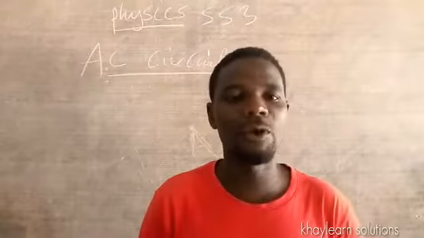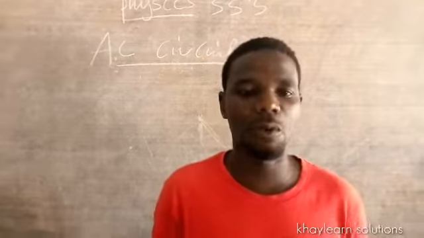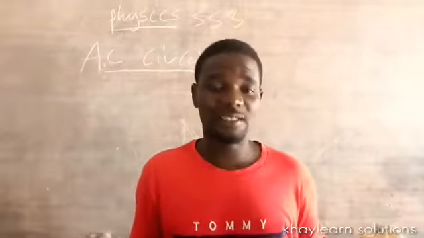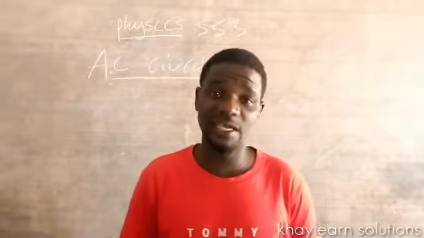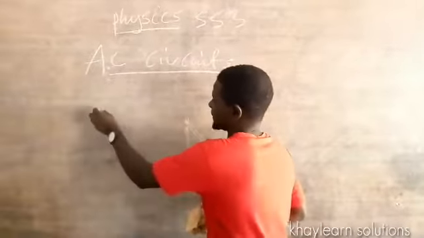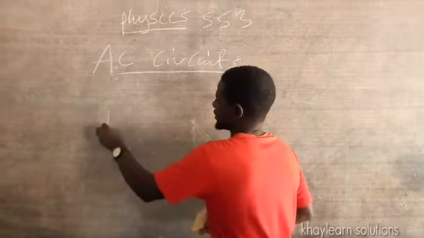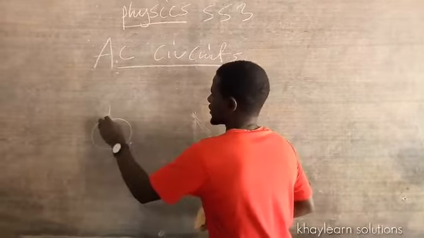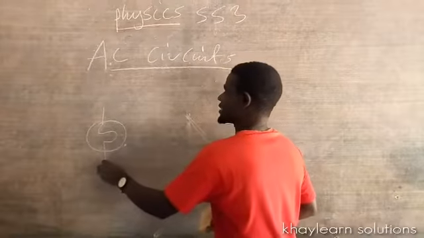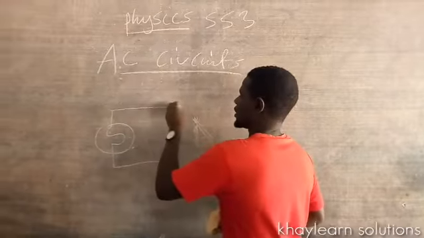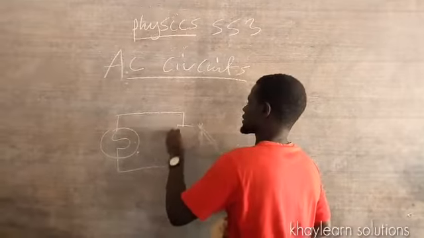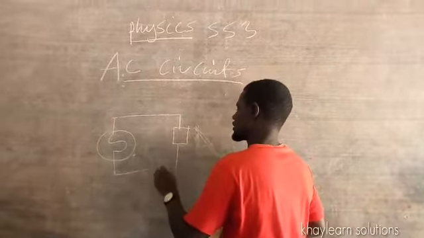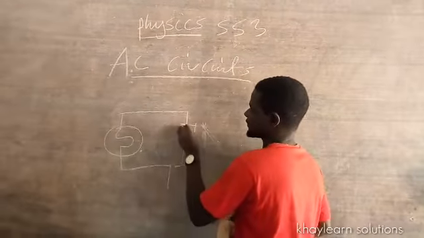Circuits can be of many types. Number one, you can have an AC circuit with just a resistor connected, just like this. Assuming this is the AC source with your resistor connected.